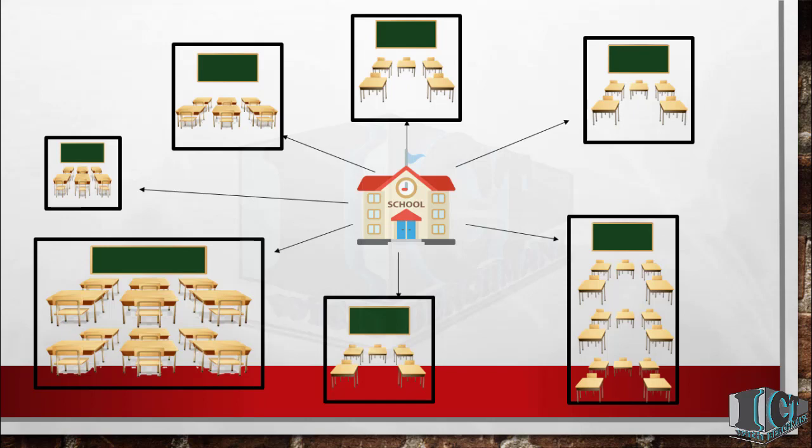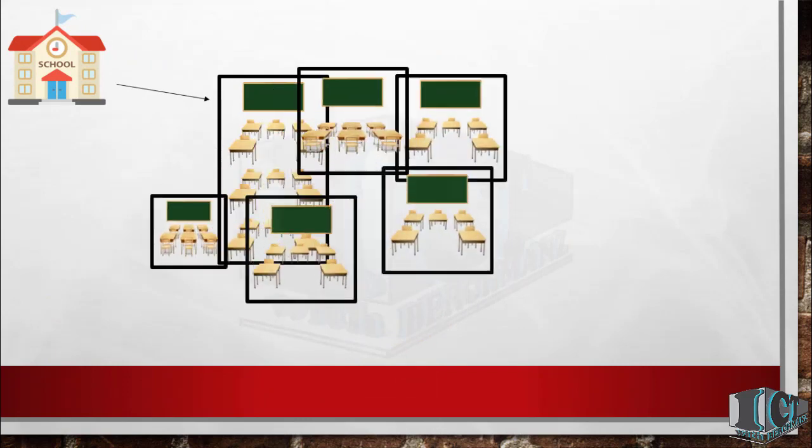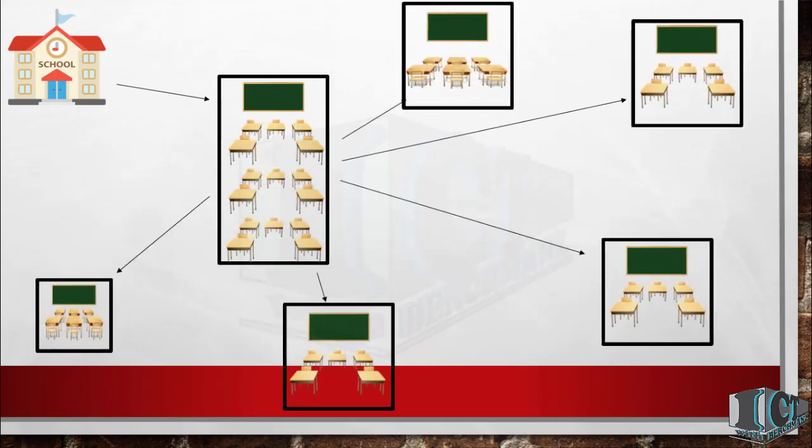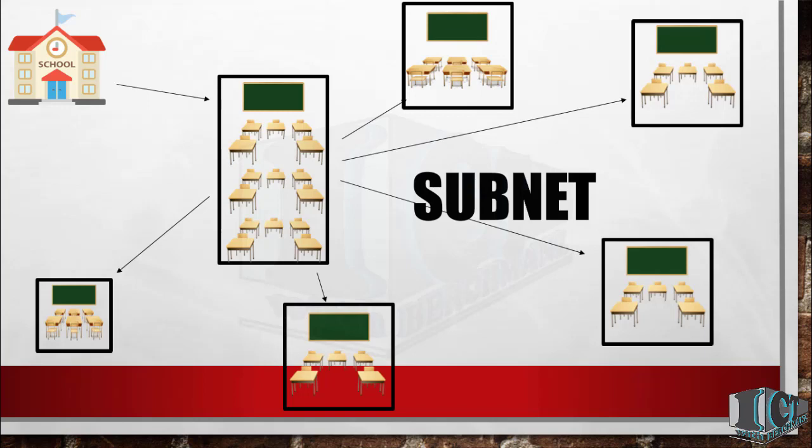Now in classless addressing or in subnetting, what we do is we take one of these networks given by one of the classes and then divide this address into several other networks, and all these small networks that were created are called subnets. So this is called subnetting.